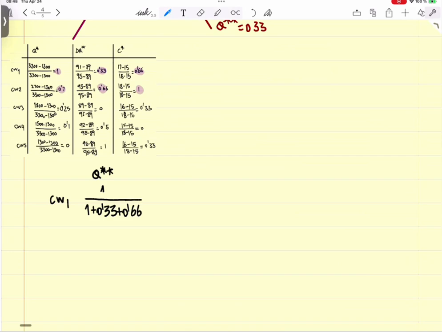And for the delivery rate, star star, we say 0.33 divided by 1 plus 0.33 plus 0.66. This delivers 0.5.